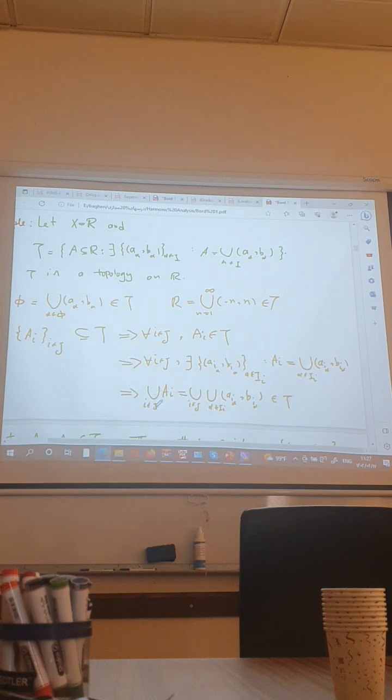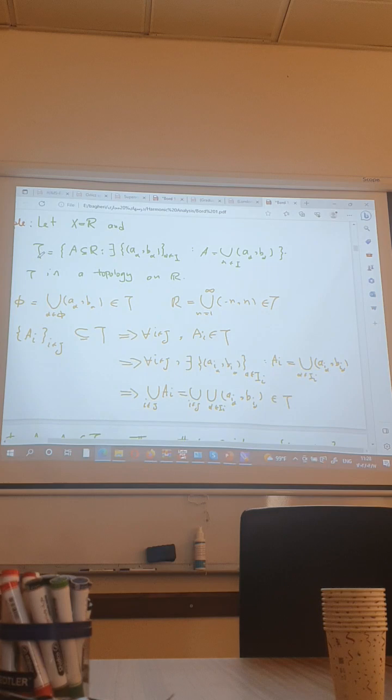So the union of this family equals the union of these families, because A_i equals this, okay? The union over i in J of A_i equals the union over i in J of these unions. And this is a union of intervals again, okay? This is a new union of intervals, so this is an element of tau.